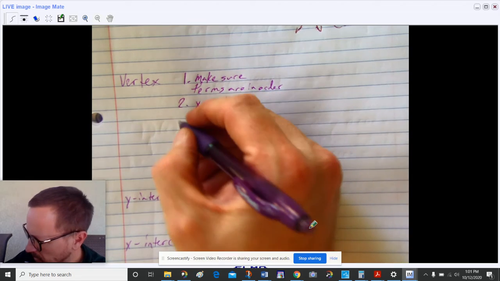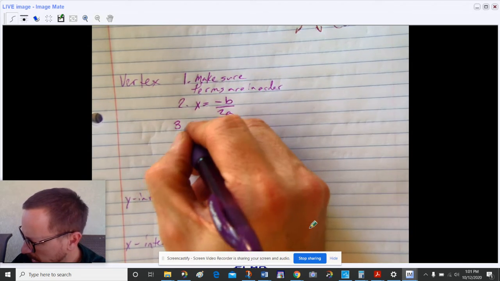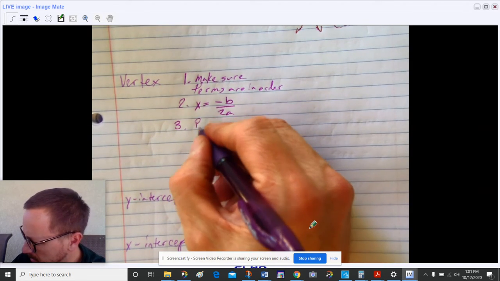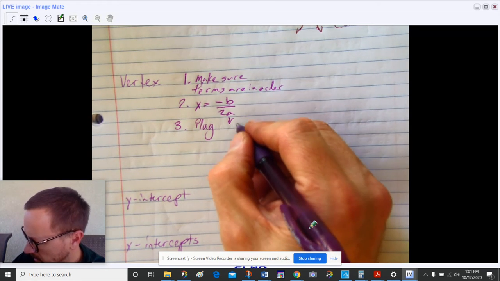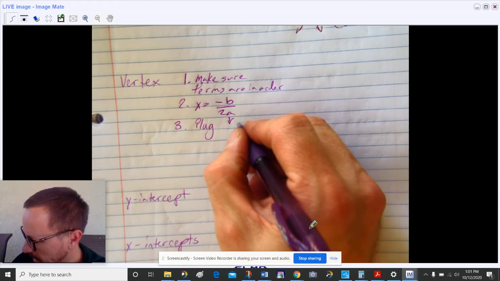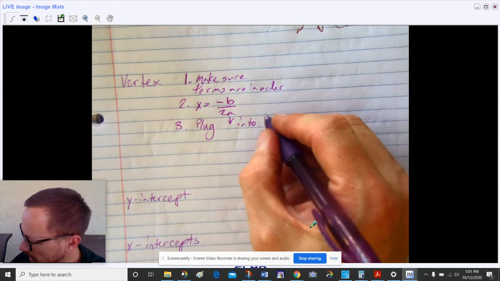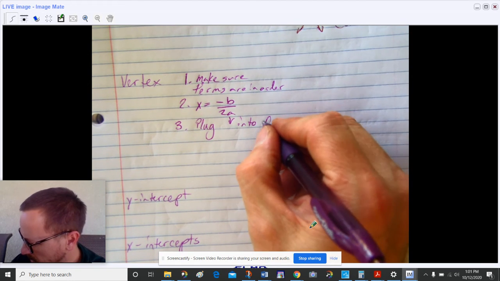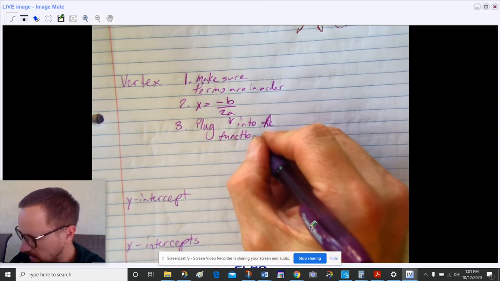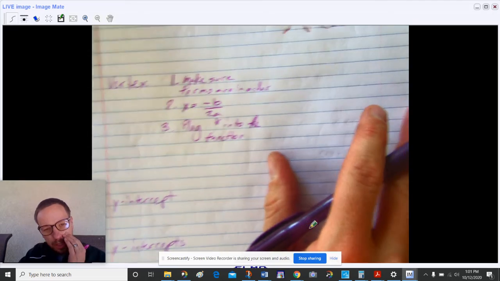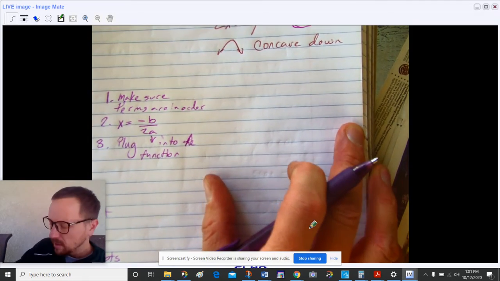And then step three, whatever answer we get there, we're going to plug that answer into the function. So again, three special steps. That's all that you need.